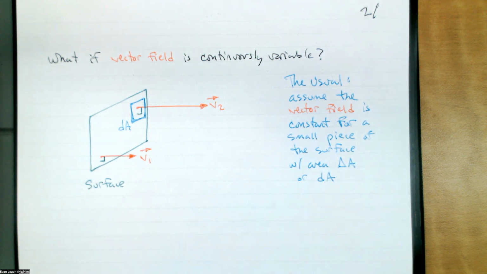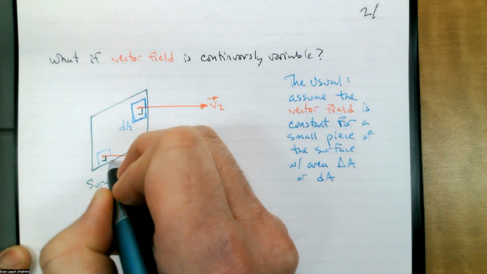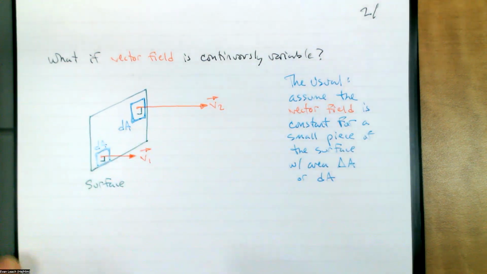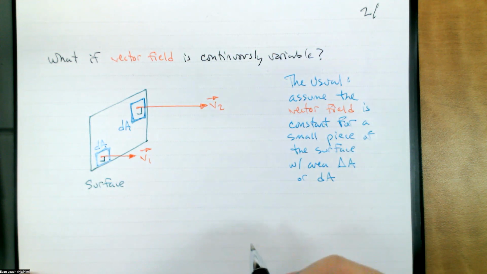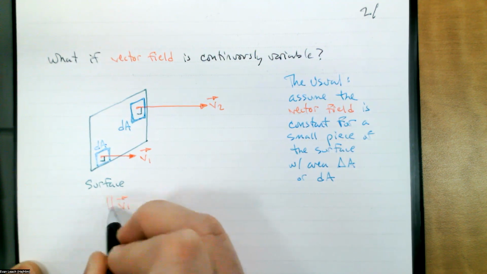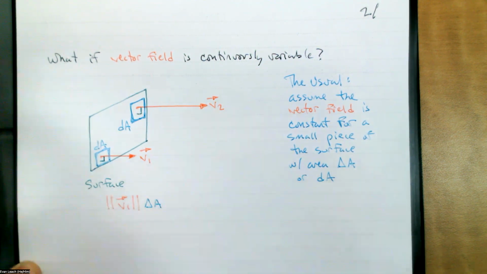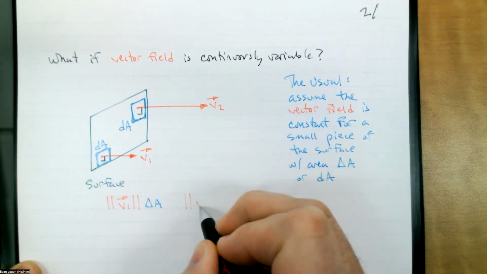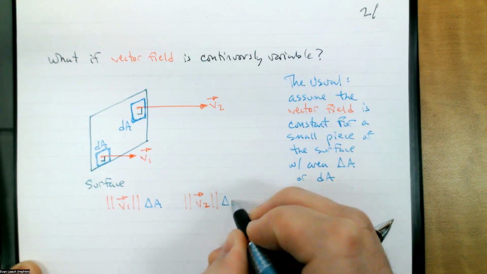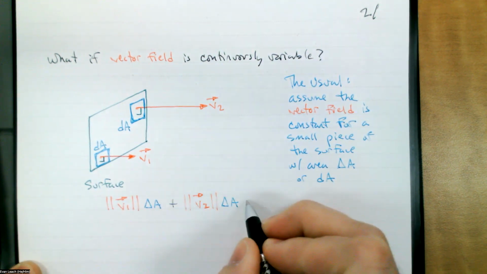And we're just going to break this surface up into a bunch of small rectangles. And then we'll just add up all of these rectangles.